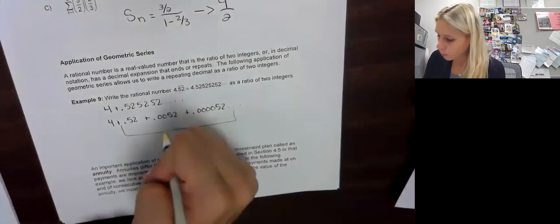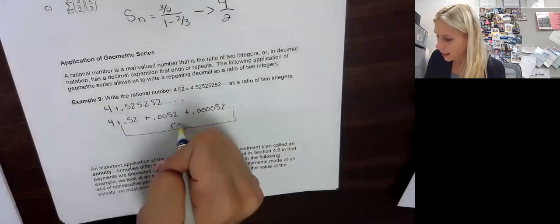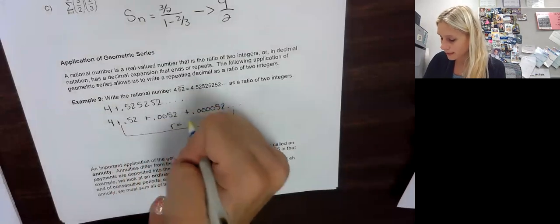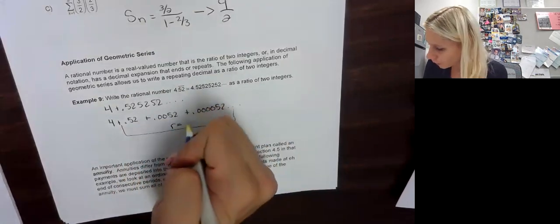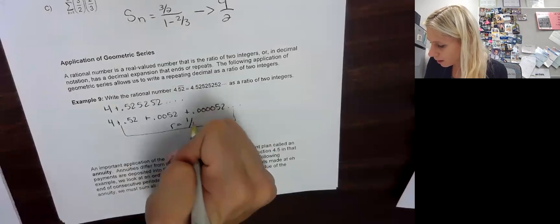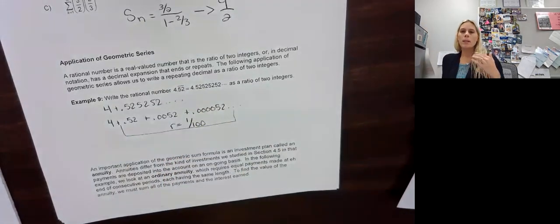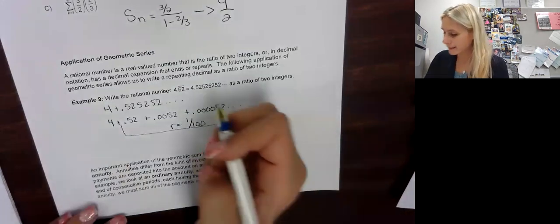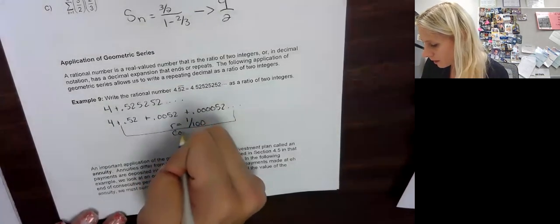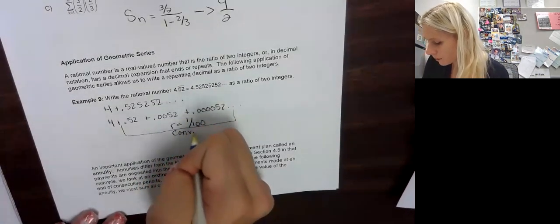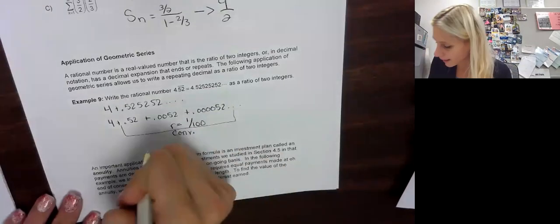All right, so what is the r in this case? How do we get from one term to the next? If you look, you're multiplying by 1/100th. Is 1/100th between -1 and 1? Yes, it is. It converges. So now we can put that part into our equation.